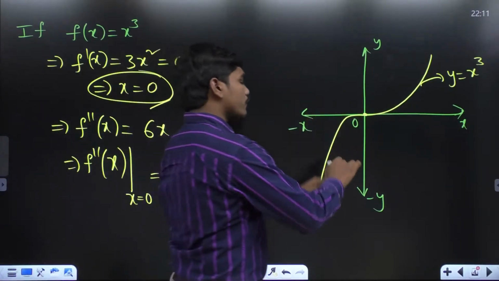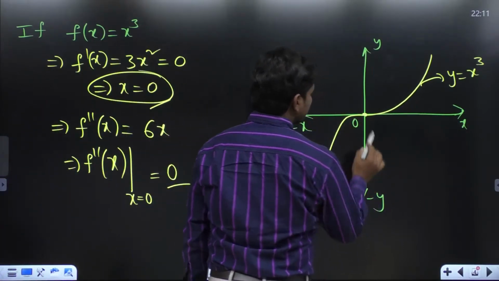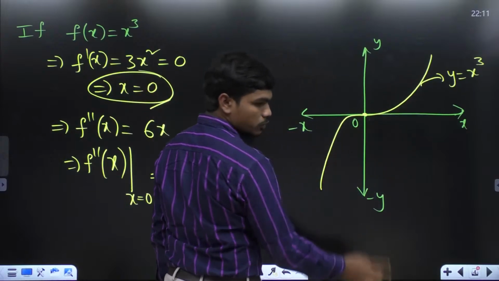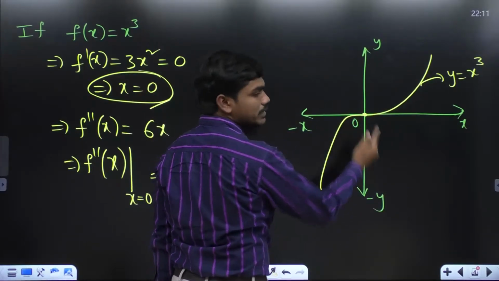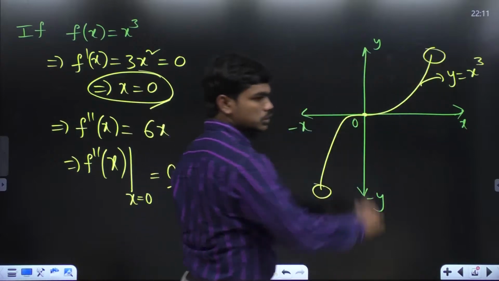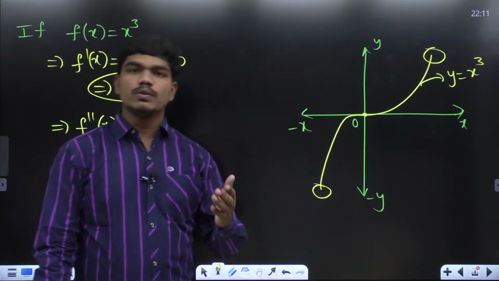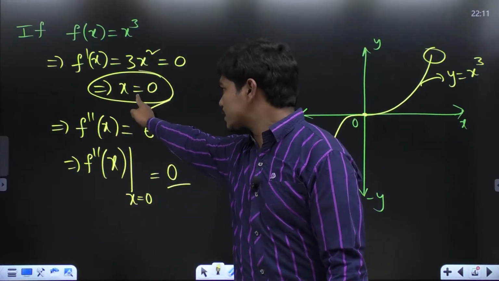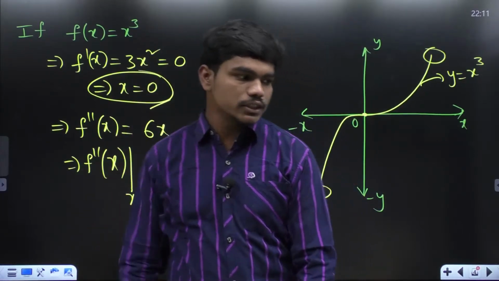So then you need to go for the graph, and you can see that even though the first derivative is 0 here, the function y equal to x cube doesn't have either a maximum or minimum at this point, correct? Because the minimum value goes to minus infinity and the positive value goes to plus infinity. So this is the case where the second derivative test fails, whenever the second derivative at the stationary point is also 0. Clear so far?